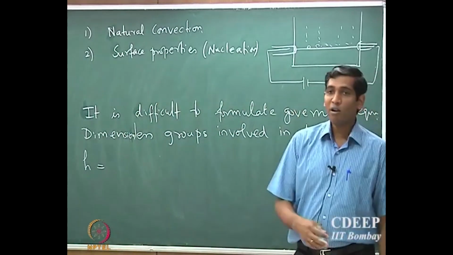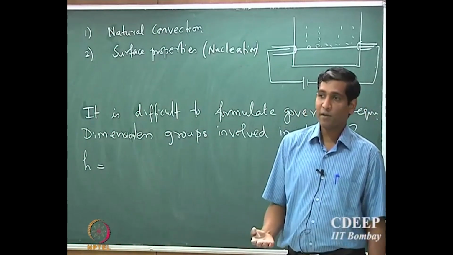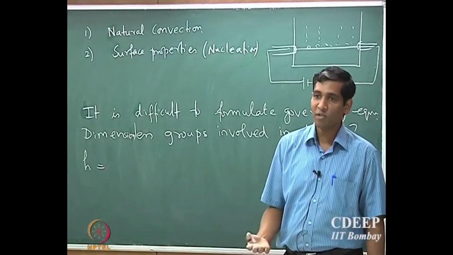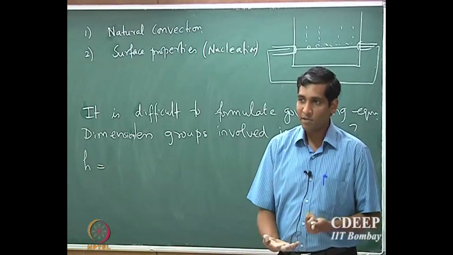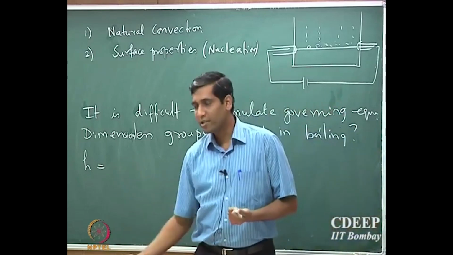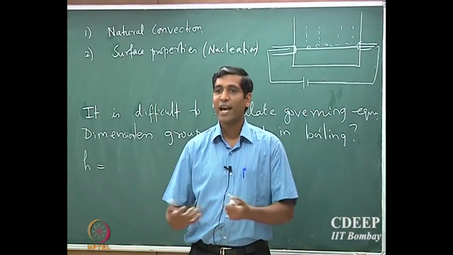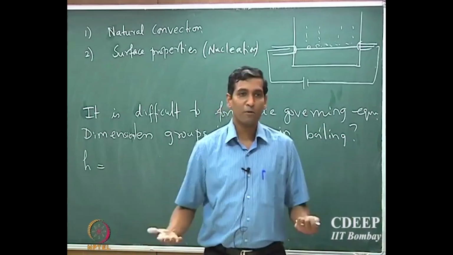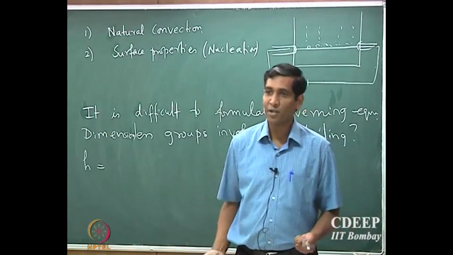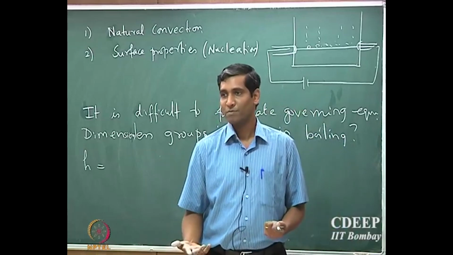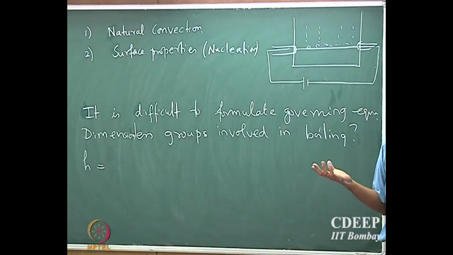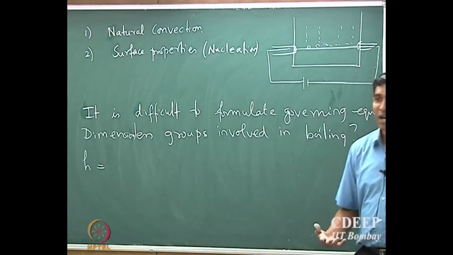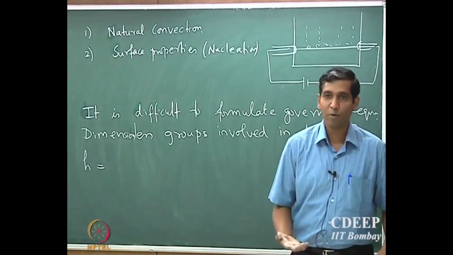Because in all the convection topics that we have seen, we always found that there is a relationship between the Nusselt number and the dimensionless quantities which characterize the transport process, whether it is heat transport, mass transport or momentum transport. So if we know the dimensionless groups, then we can get some clue as to how to find the heat transport coefficient.